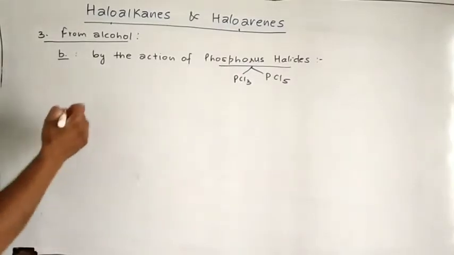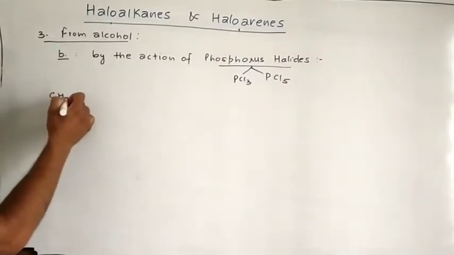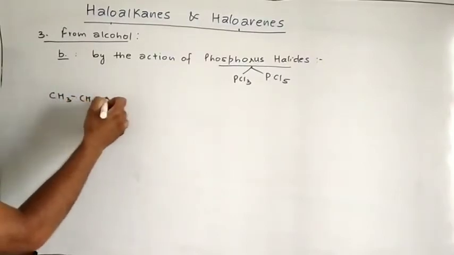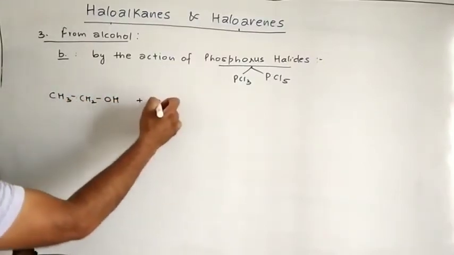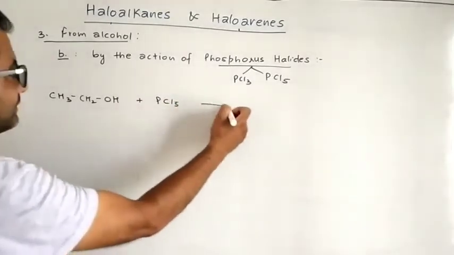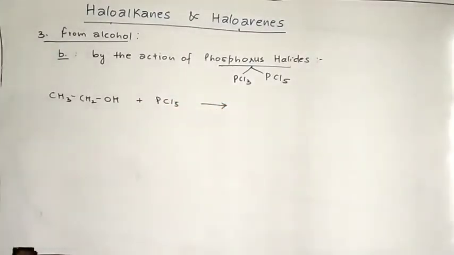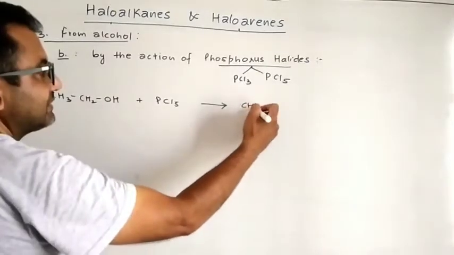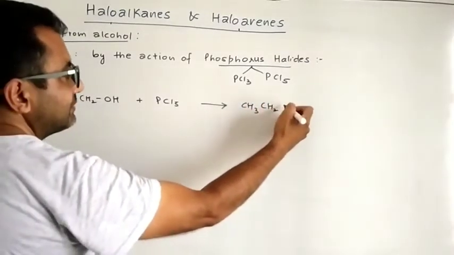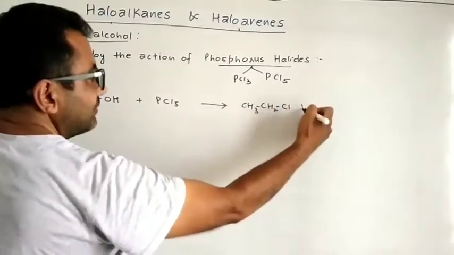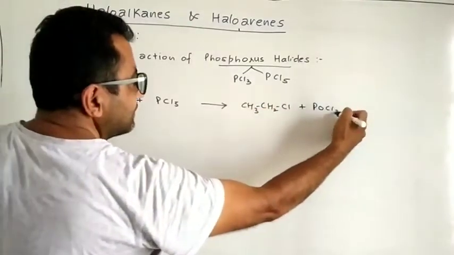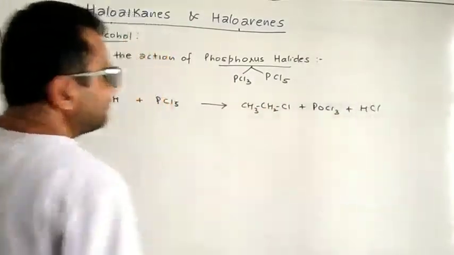For example, if we have ethyl alcohol, we are adding PCl5 to it. It will give you haloalkane, that is CH3CH2Cl plus POCl3, phosphorus oxychloride, and HCl is produced.